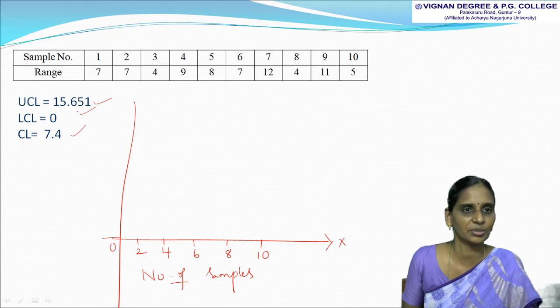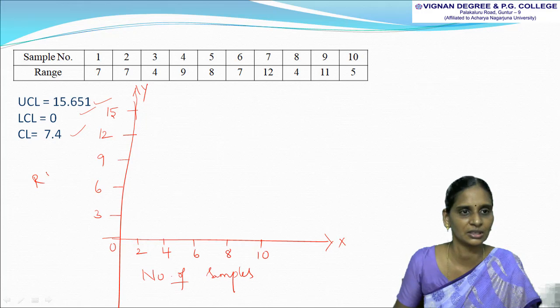The y-axis represents the range values. Here we have to take the range values 3, 6, 9, 12, 15. So the maximum value is here, 15. Okay, this is the y-axis. The y-axis represents the range values, that is R values.